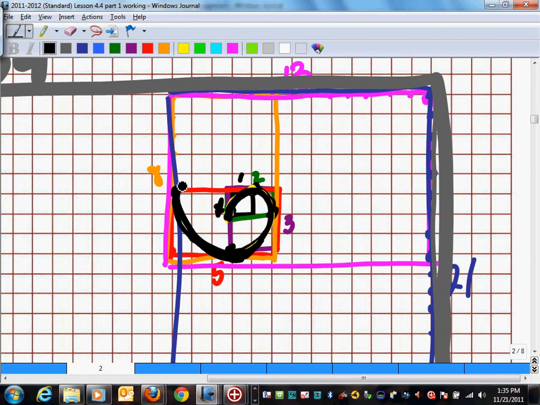Connect from here to here with a curve. And now connect with a curve.